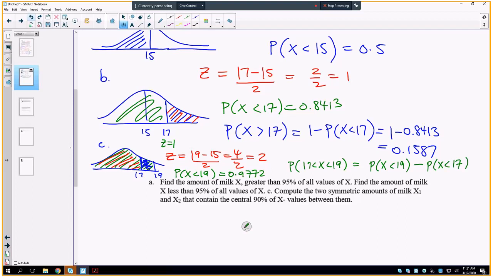And I know those two numbers: 0.9772 subtract 0.8413. So I have 0.1359 as the probability that I'm in this blue rectangle between 17 and 19.